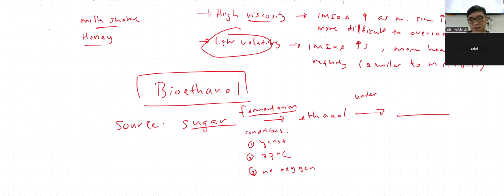If oxygen is present, what will you get? When ethanol is oxidized, what will it become? When you leave the wine outside for too long, what will it taste like? It will go bad.